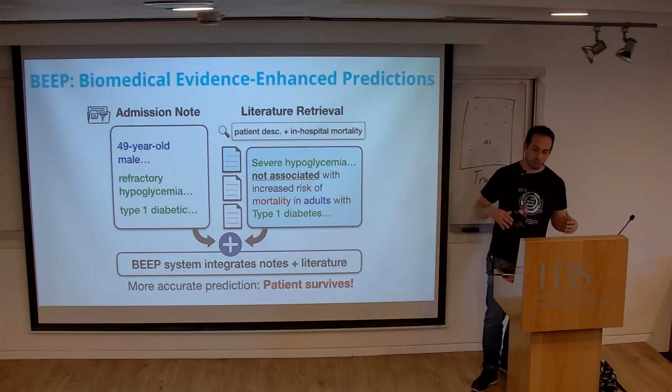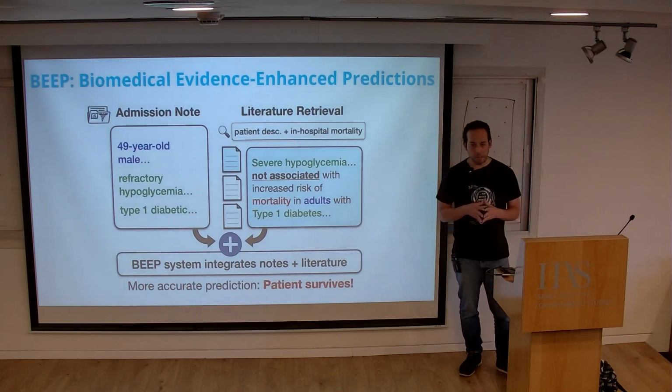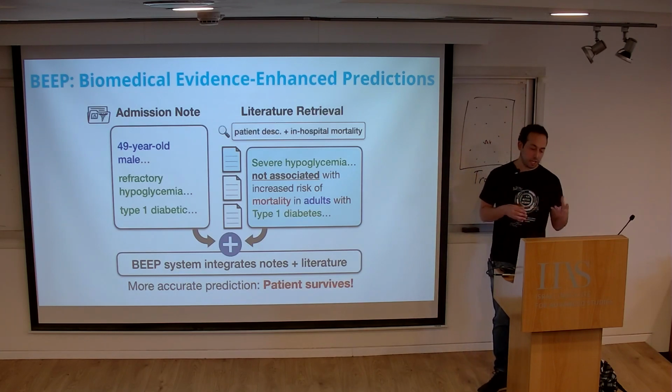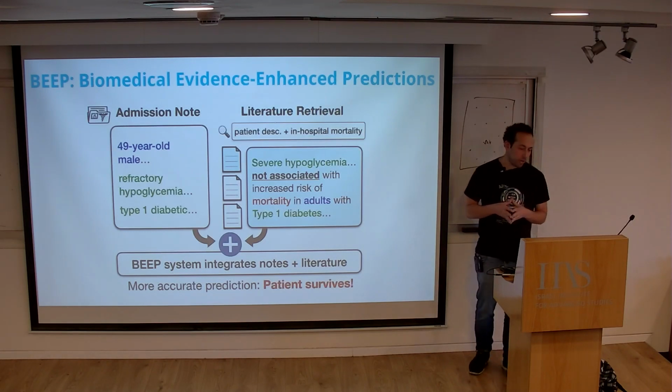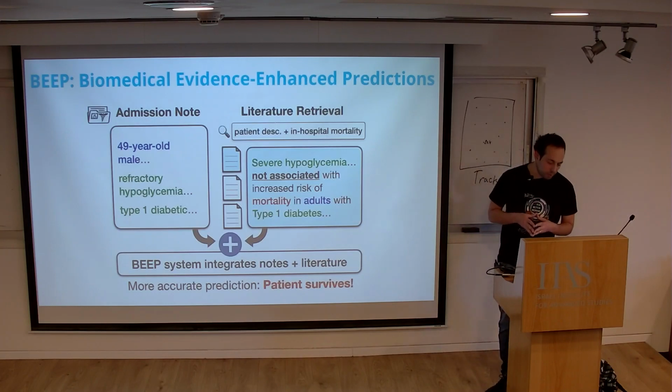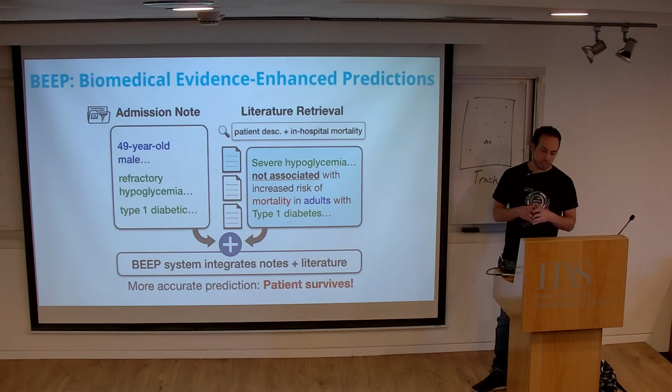To do this, we build a system which we call BEEP, for Biomedical Evidence Enhanced Predictions. Here's a real example from our data that helps show what's going on. A patient comes in, we have their admission note. The patient is a 49-year-old male with refractory hyperglycemia, type 1 diabetes.